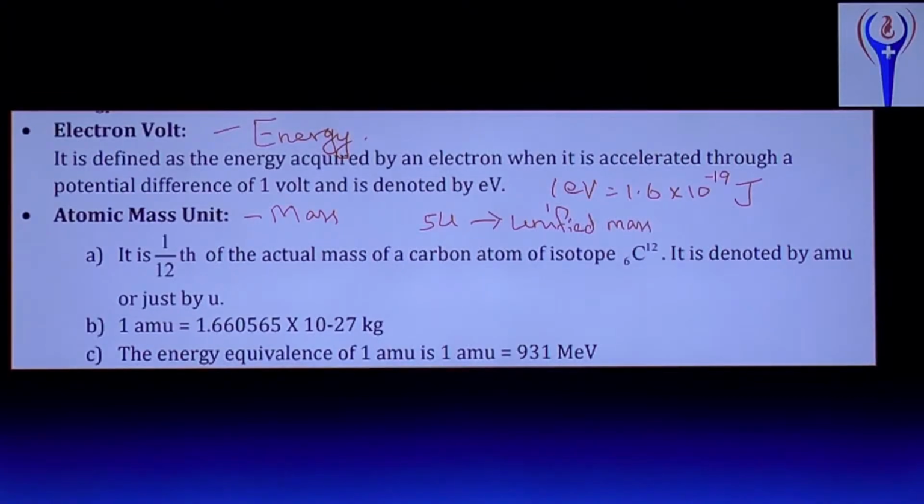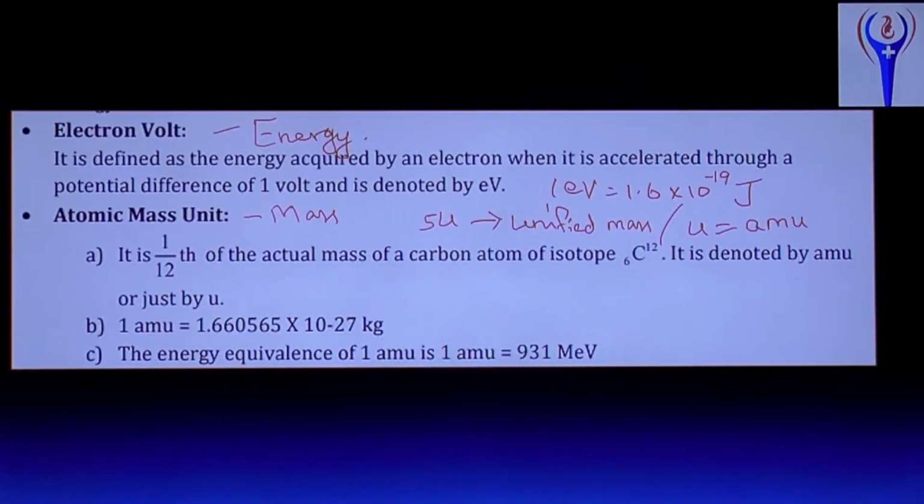U and AMU are the same. U is the unified mass, AMU is the atomic mass unit. Only the name is different, but the conversion, value and formula are all the same.